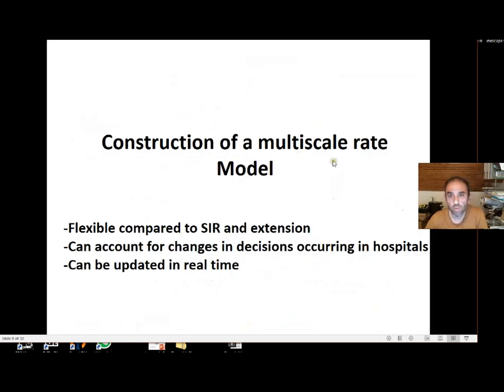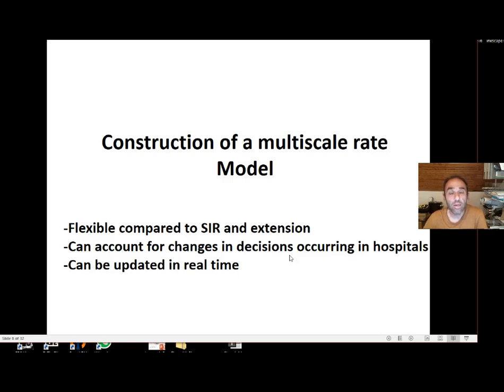So, the construction of the multiscale model. The present model differs from the classical SIR model and its extensions. It turned out that it is flexible because it accounts for several time scales that I will explain. This model can account for changes in decisions occurring in hospitals, for example, when people have to stay longer in ICU, which is a general decision.